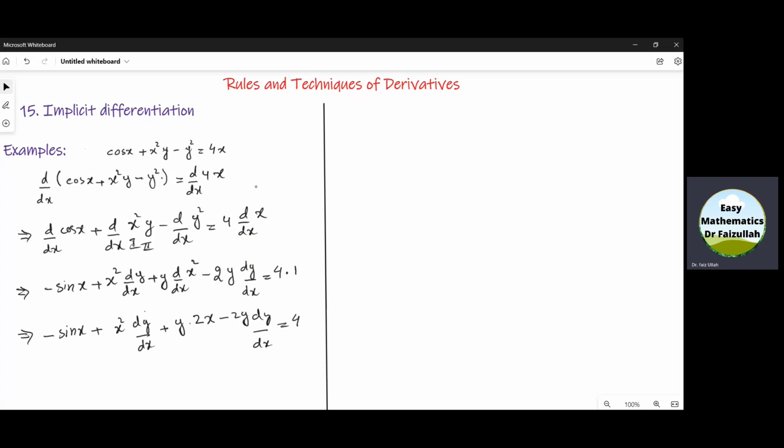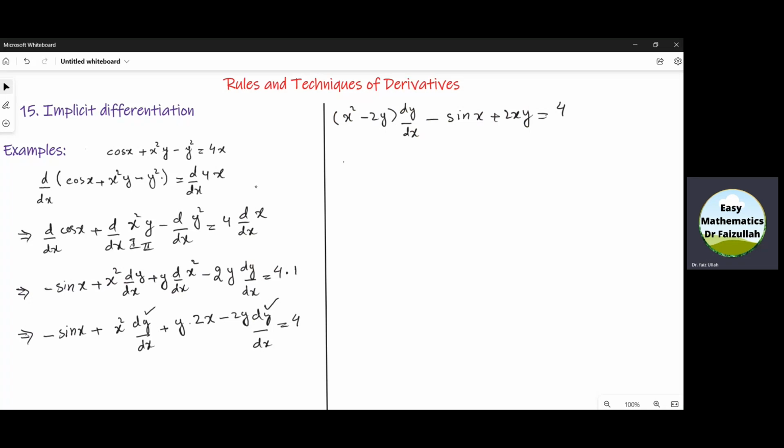Now taking common dy by dx from these two terms, we get from here x square minus 2y, and let us take dy by dx as common from these two terms. Write the remaining terms, minus sine x plus 2xy is equal to 4.